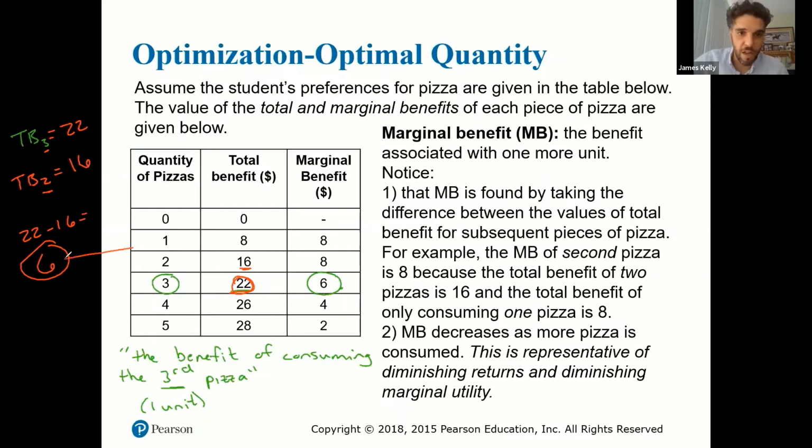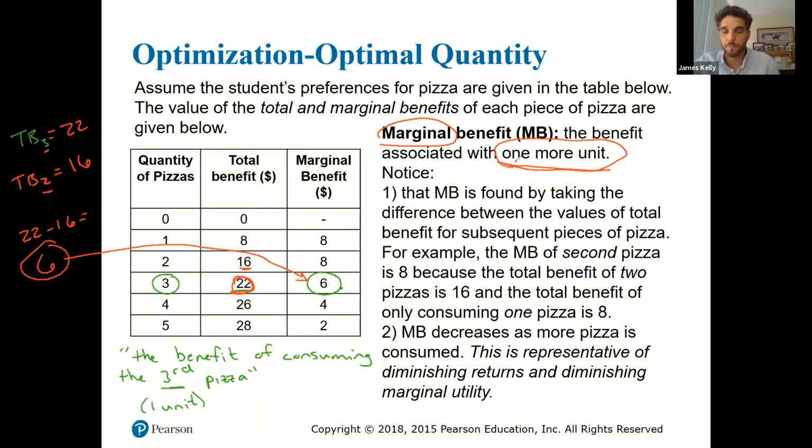Well, that's what we find here. Okay? So the key here is when we are looking at marginal benefit, marginal cost, marginal whatever, we are looking at, in this case, the benefit associated with one more unit. And that is what marginal means. Marginal means one more unit.